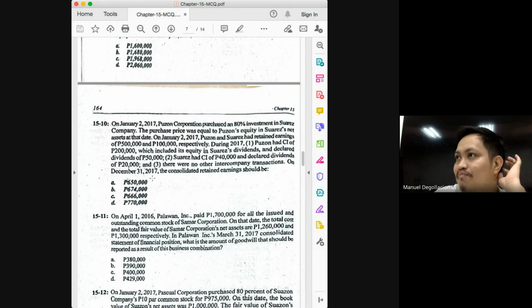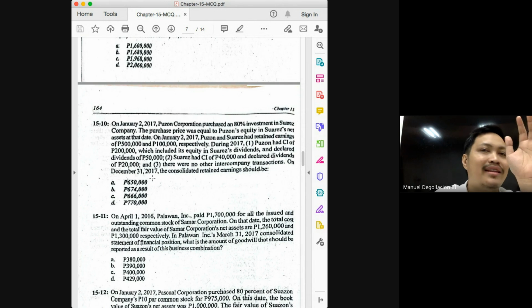Okay? Now, in computing for the consolidated retained earnings ending balance, class, we have settled that it should just be the profit of the consolidated entity. Okay? But which consolidated income are we going to be using? Consolidated income under the entity approach or consolidated income using the parent approach?